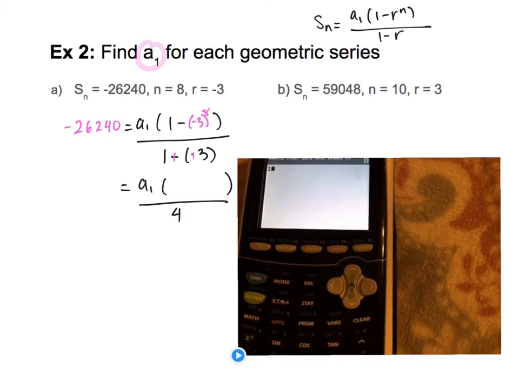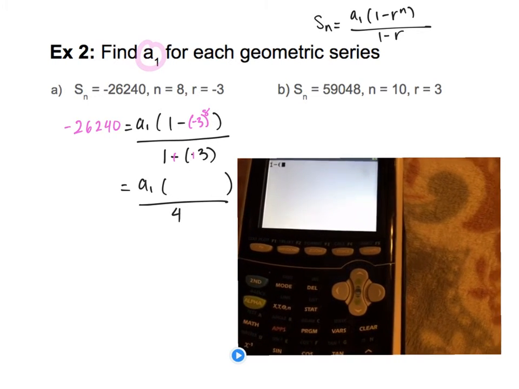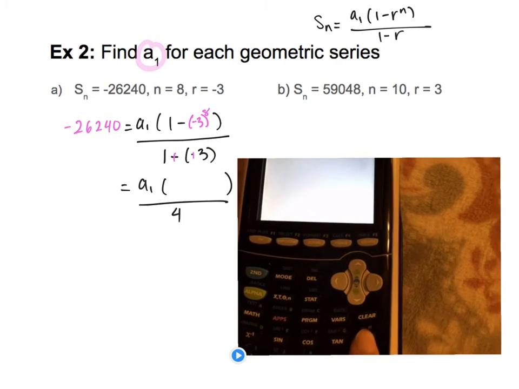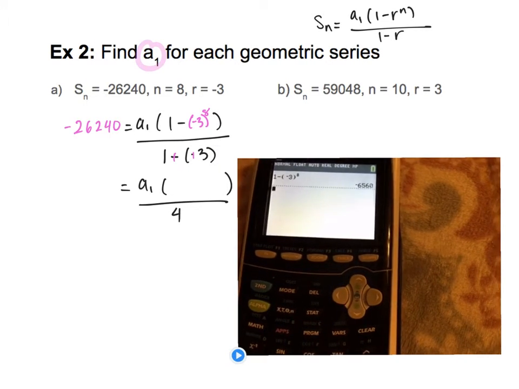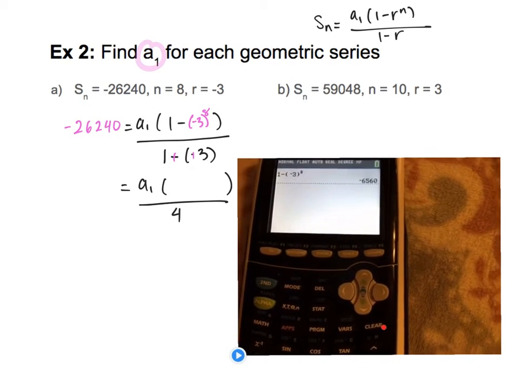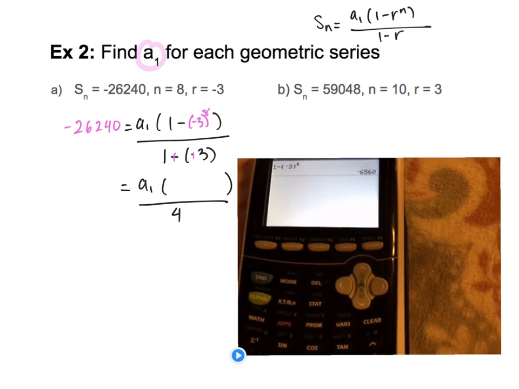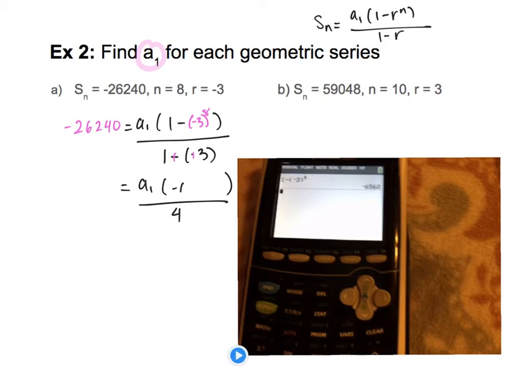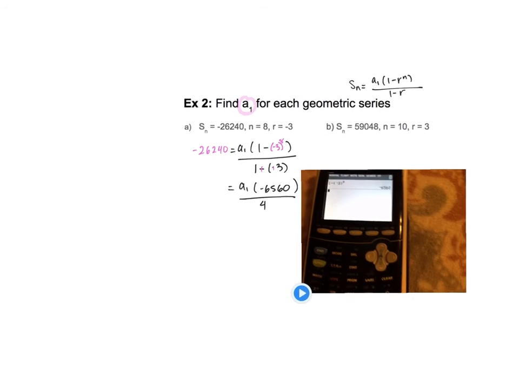So it's 1 minus negative 3, notice how I have it in parentheses, to the 8th power, and I'm going to get my number. In this case, my number here is negative 6560. So that's my number here.